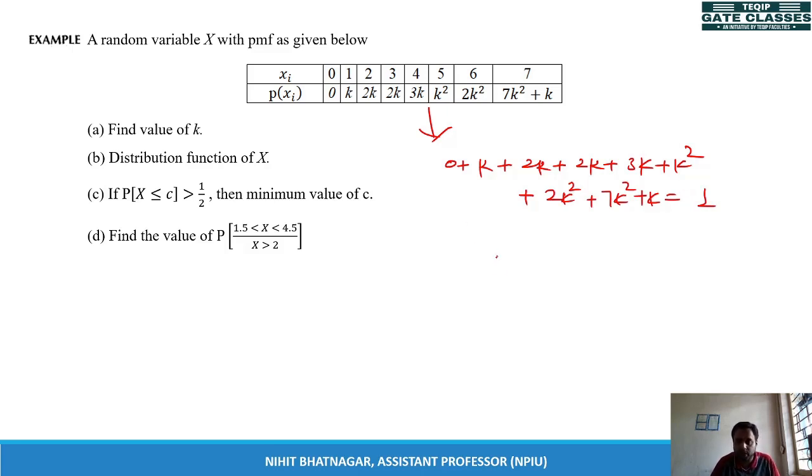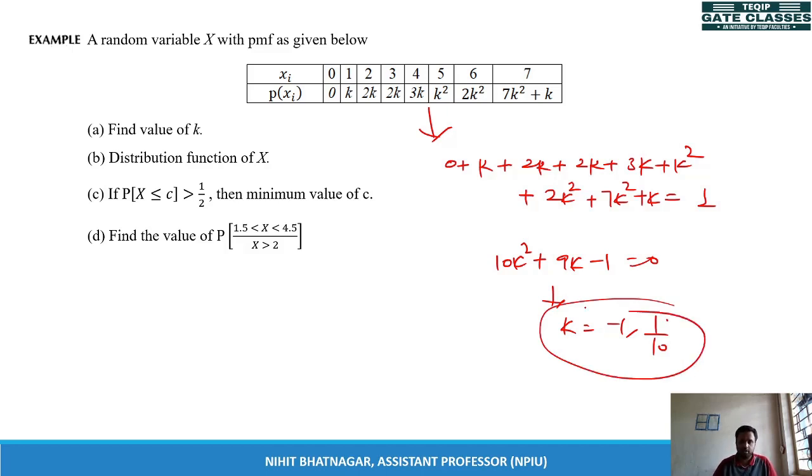After solving this we get 10k square plus 9k minus 1 equals 0. After solving this quadratic equation we get minus 1 and 1 by 10. So the value of k is 1 by 10.